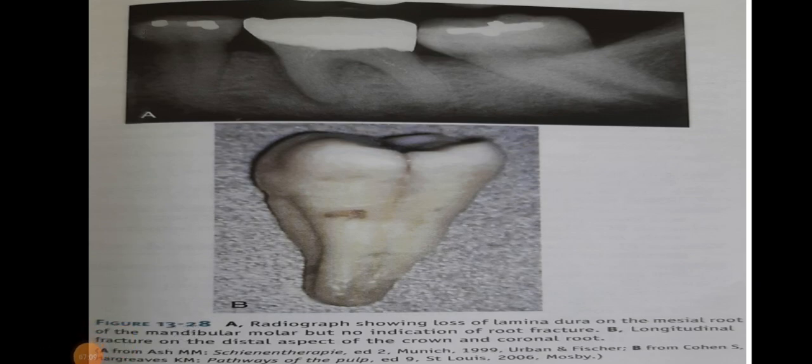In figure 13.28 you can see very clearly, picture A is showing the radiograph with the loss of lamina dura on the mesial root of the mandibular molar but no indication of a root fracture. Right? Picture B shows a longitudinal fracture on the distal aspect of the crown and coronal root.